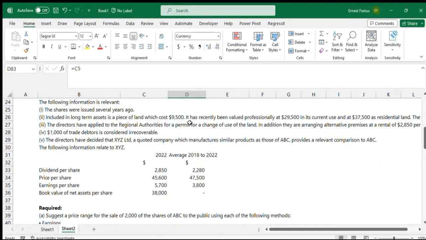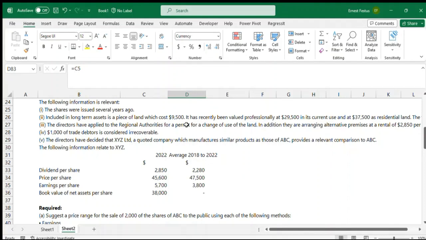However, we have been told that it has been recently revalued by professionals at $29,500 in its current use and at $37,500 as residential use. So this is the higher of the amounts, and so we are going to use this as the value of our land.